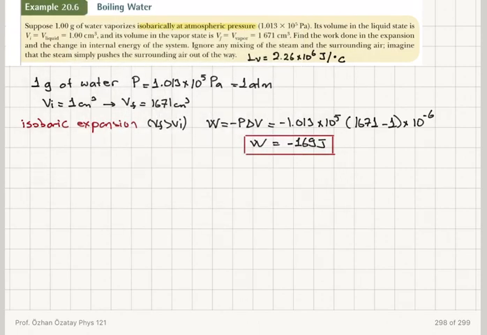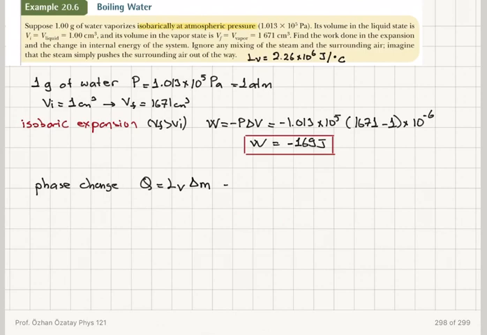How much is the heat added to the system during this process? Well, this is a phase change process. There is phase change involved, and therefore the heat added to the system is the latent heat of vaporization times the mass that goes through the phase change.